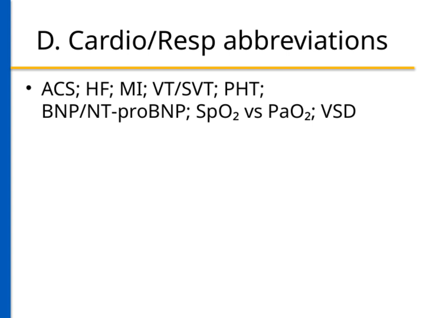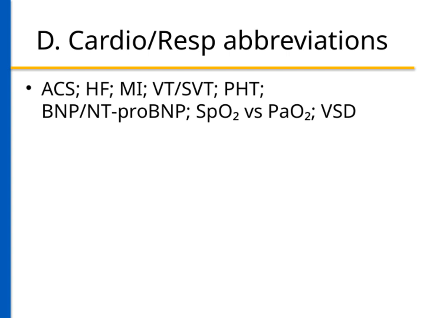PHT is pulmonary hypertension, which means high blood pressure in the lungs' arteries. BNP and NT-proBNP are biomarkers, brain natriuretic peptide and N-terminal proBNP, that help us assess heart failure severity. SpO2 versus PaO2 is about oxygen levels.